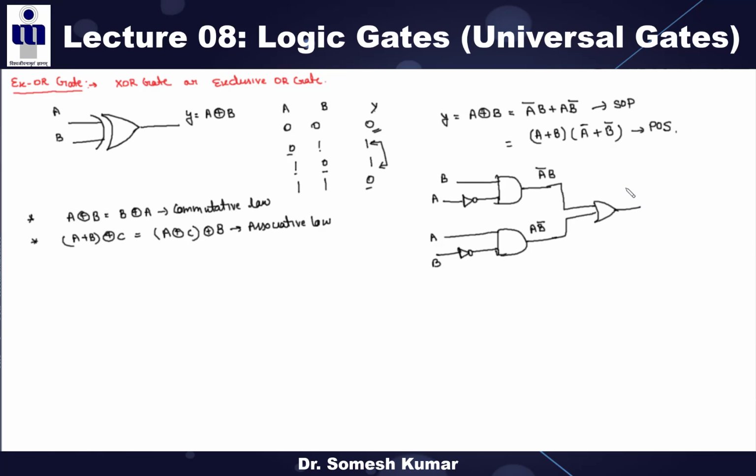So this is your A bar B plus A B bar. So this is your XOR gate.